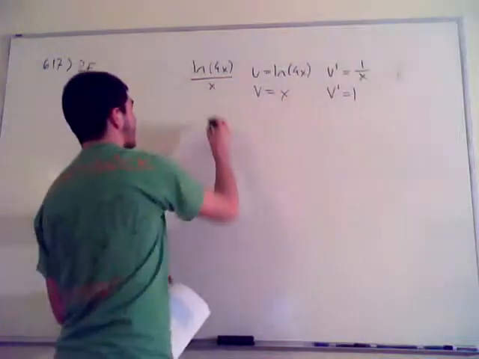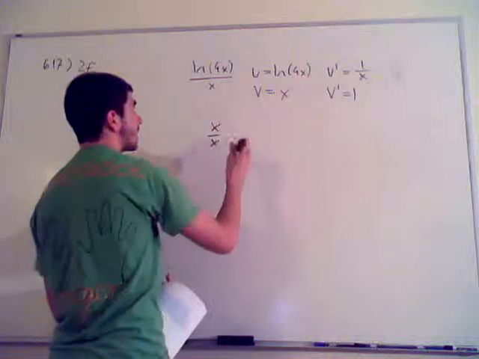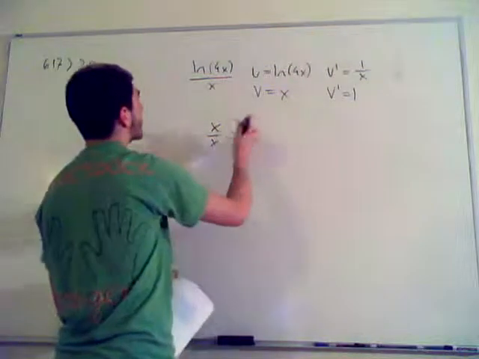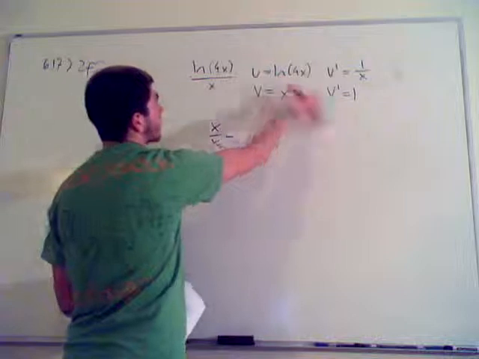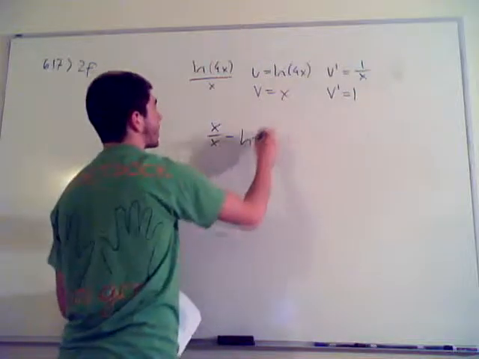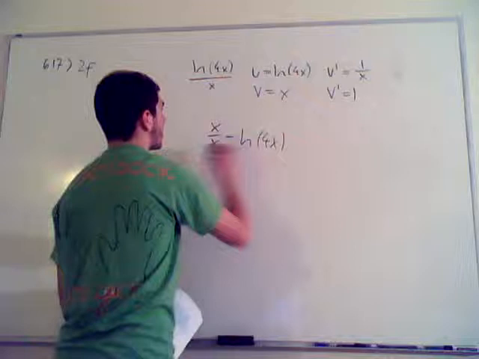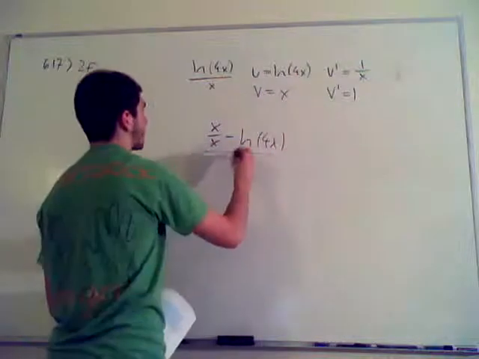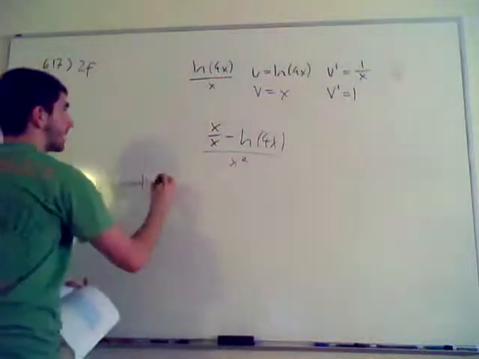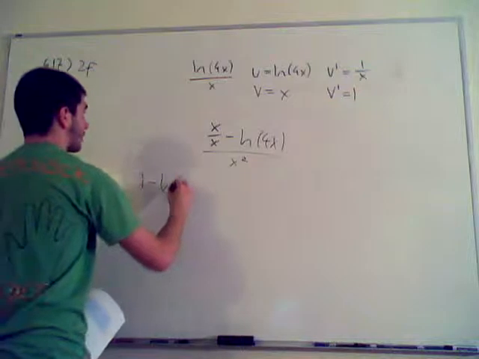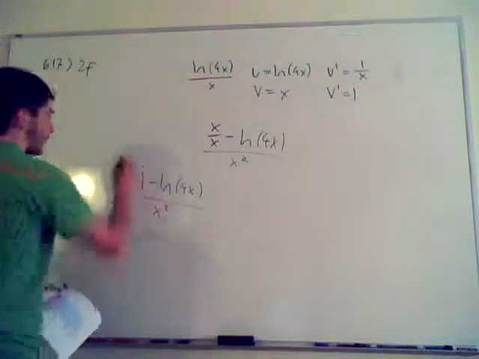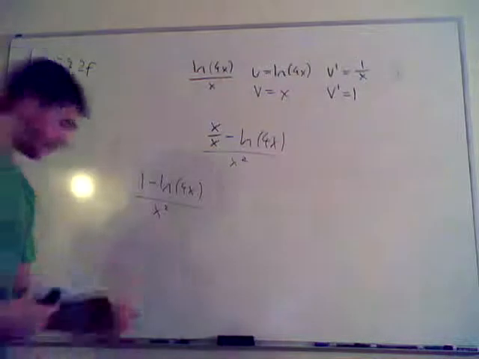U prime times v is x over x, minus u times v prime. 1 times anything is anything, so natural log of 4x, over v squared, x squared. Now simplify: x over x is 1. So 1 minus natural log of 4x, over x squared. That's your answer. Okay.